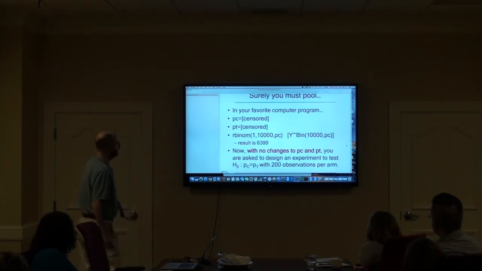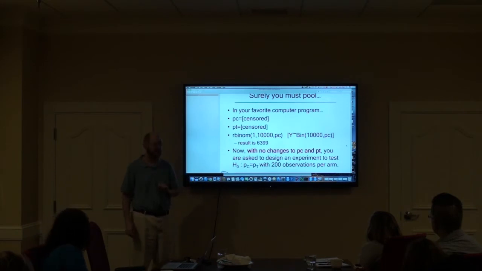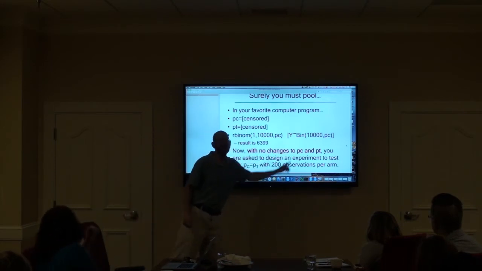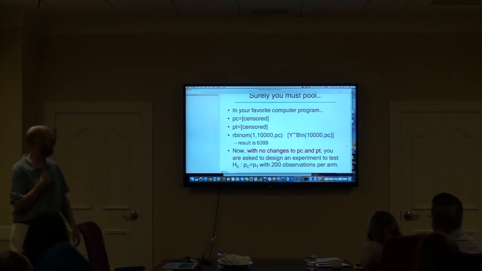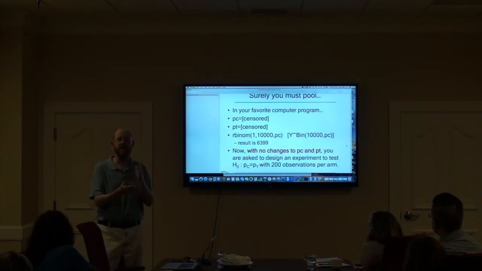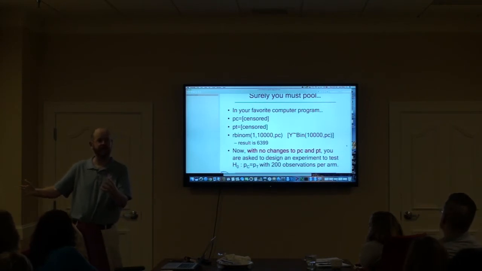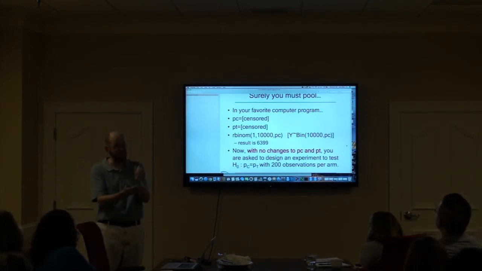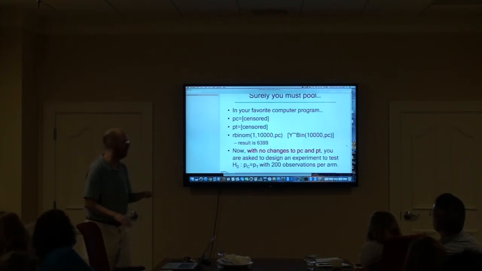You're going to be able to enroll 200 observations per arm, and I guarantee that I am not going to make changes to PC and PT, and I'm a trustworthy guy. There is no systematic drift here. There's still sampling variability, but by design I have ignored all worries about drift. What are you going to do?